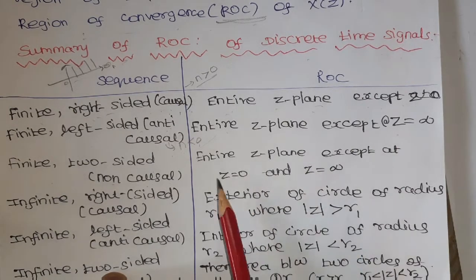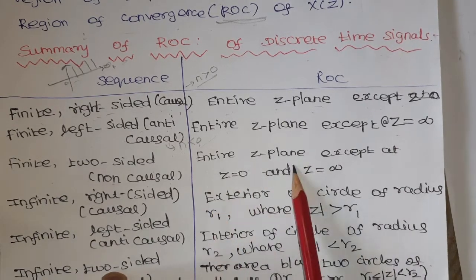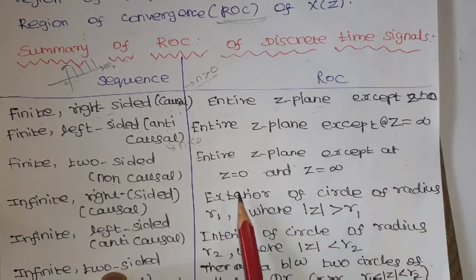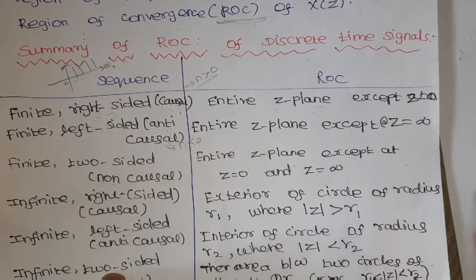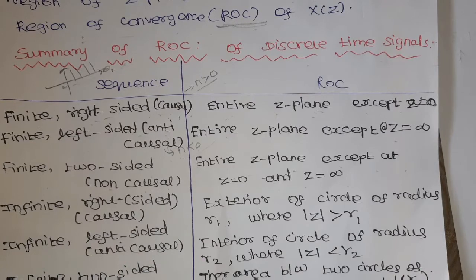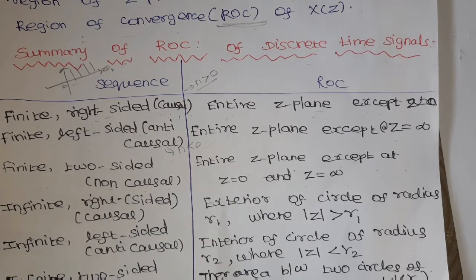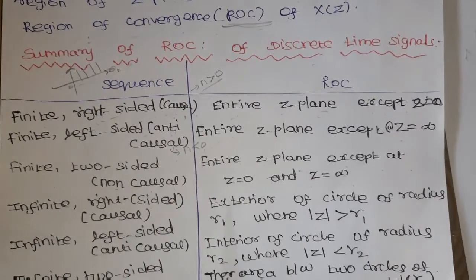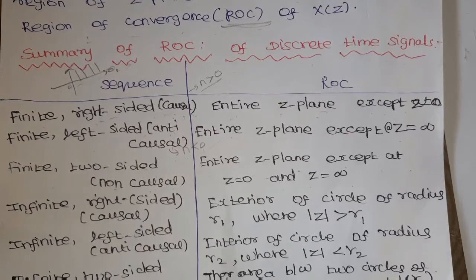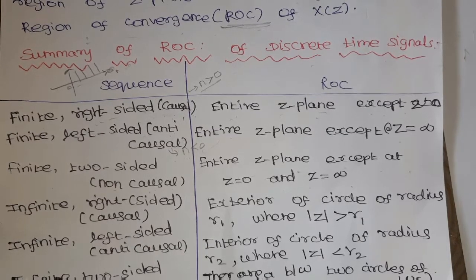For that, the ROC is the entire Z plane except at Z equal to 0 and Z equal to infinity. When we solve problems, we will get clarity on the ROC.